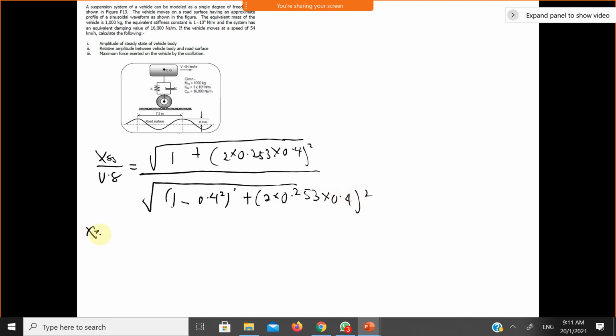Okay, then XSS sama dengan 0.945. So dari our answer lah.